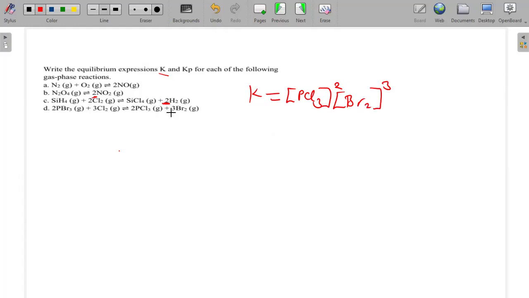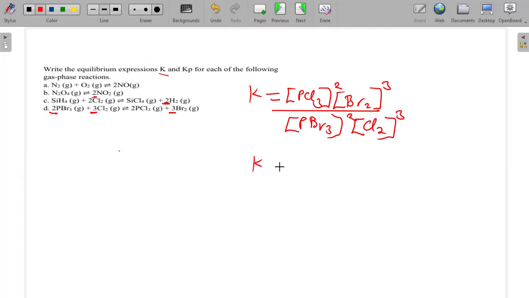Okay, because the coefficient is this one here, divided by the concentration of the reactants. So the reactants we're having PBr3, okay, the coefficient is 2 there, so we're going to power it to 2 times the concentration of Cl2, and then the coefficient is 3, so we're going to power it to 3. Okay, so that's the K expression.